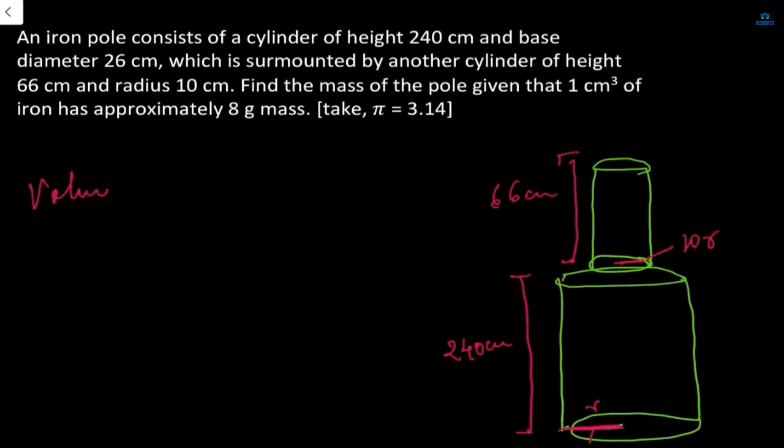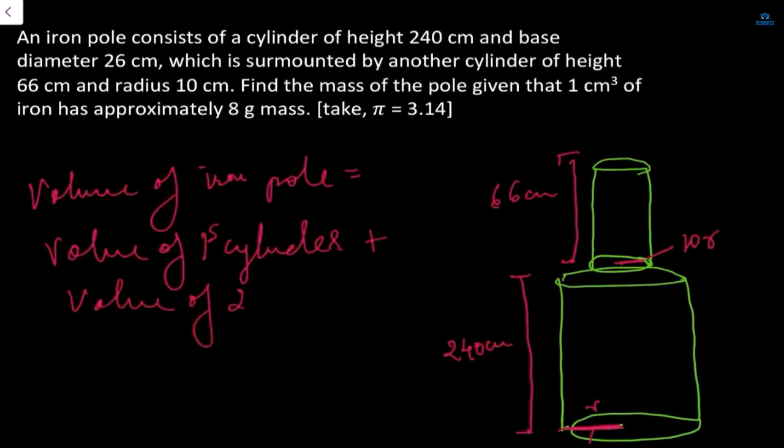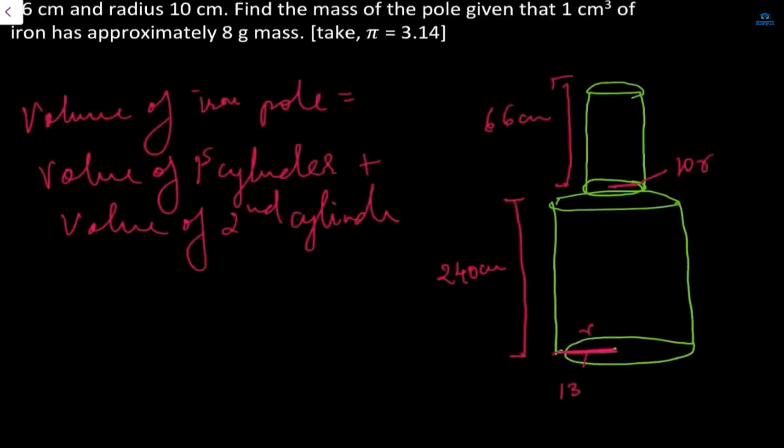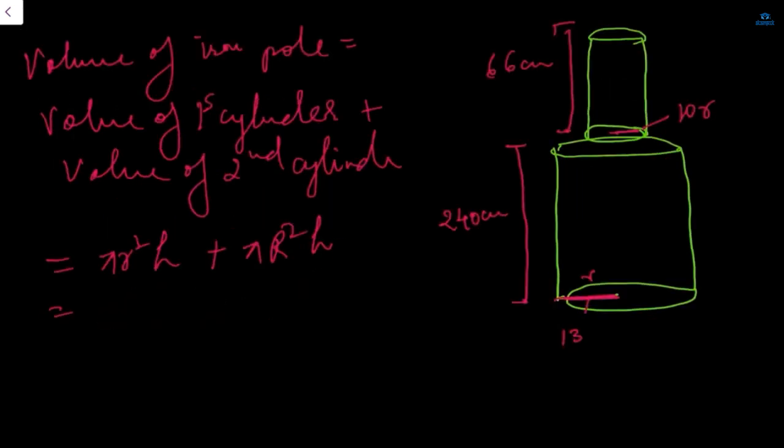Volume of the first cylinder plus volume of the second cylinder. Volume of a cylinder is pi r square h. So pi into 10 square multiplied by 66, plus pi into 13 square multiplied by 240.